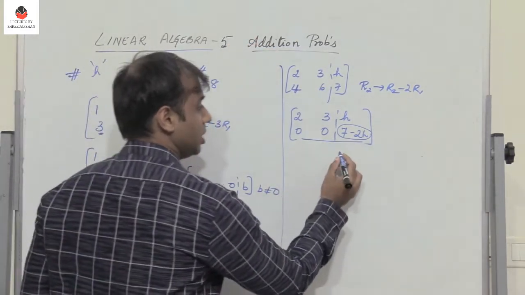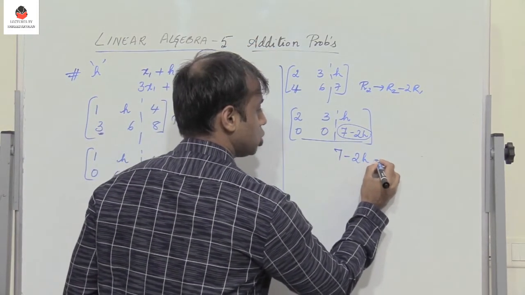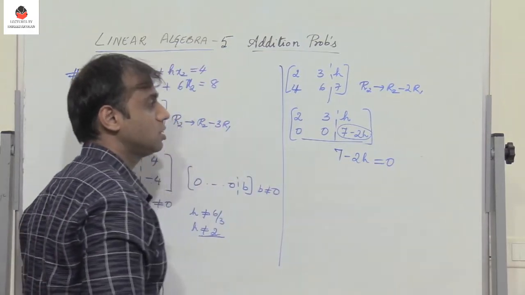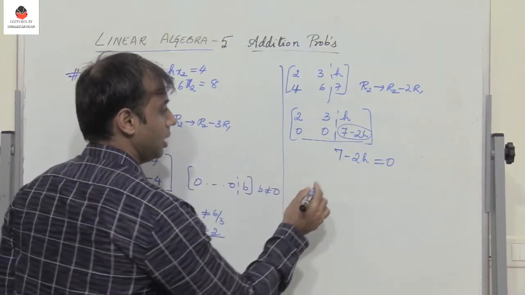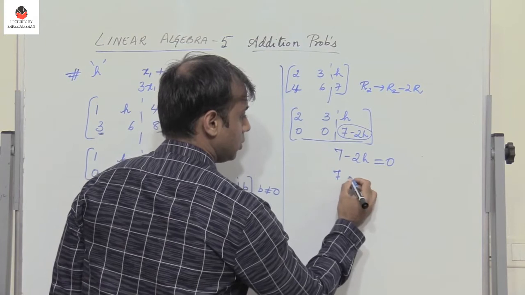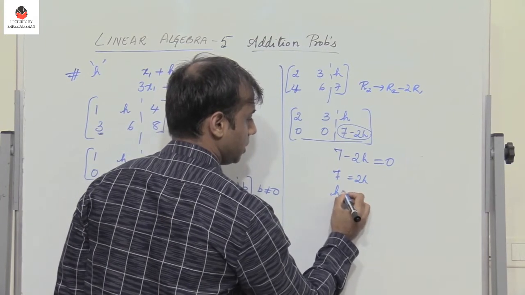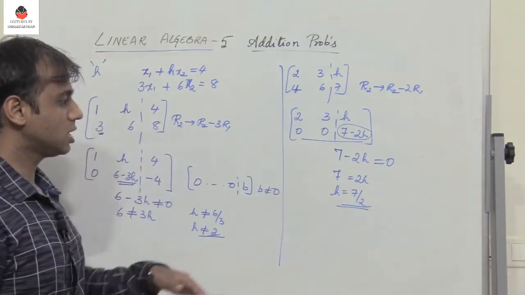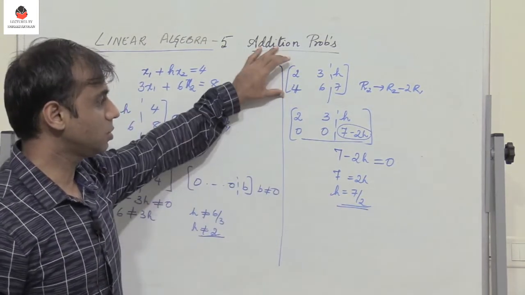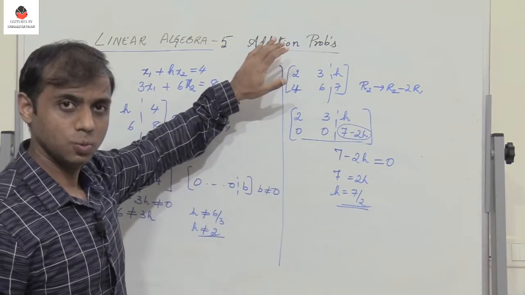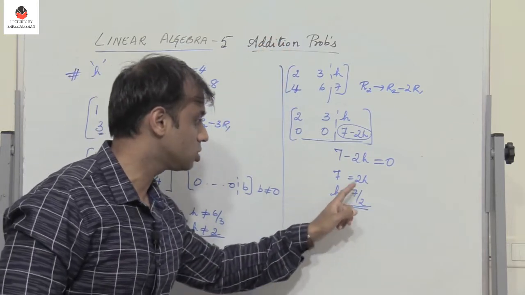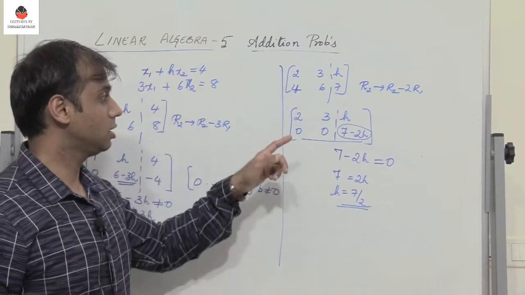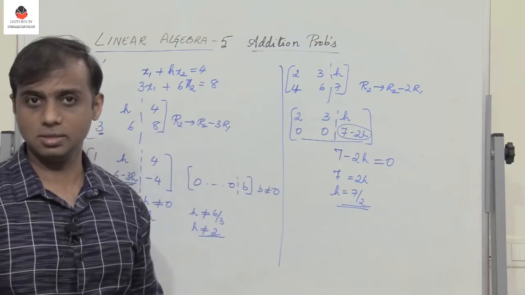So this element 7 minus 2h should be equal to 0 for the system to be consistent. Therefore, 7 equals 2h, or h would be equal to 7 by 2. So for h equal to 7 by 2, I have the system of linear equations which would be consistent. If h is not equal to 7 by 2, then of course the system would be inconsistent.